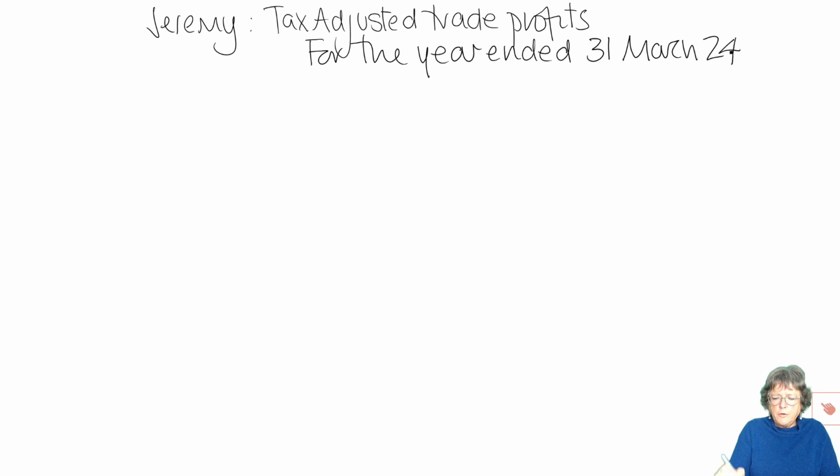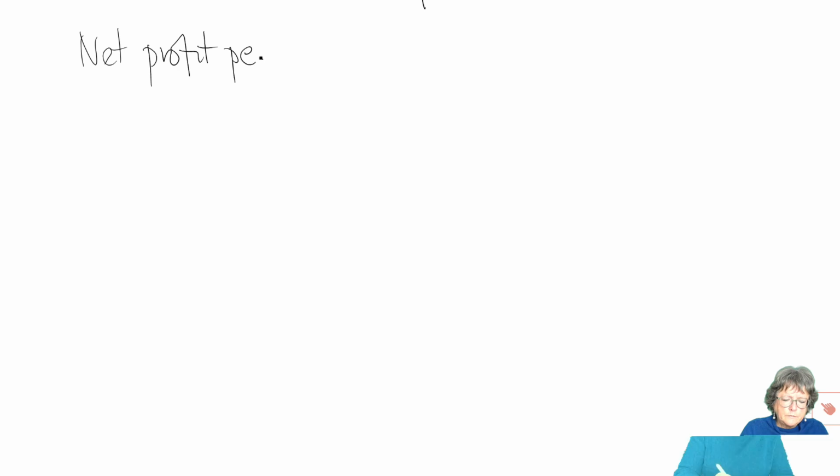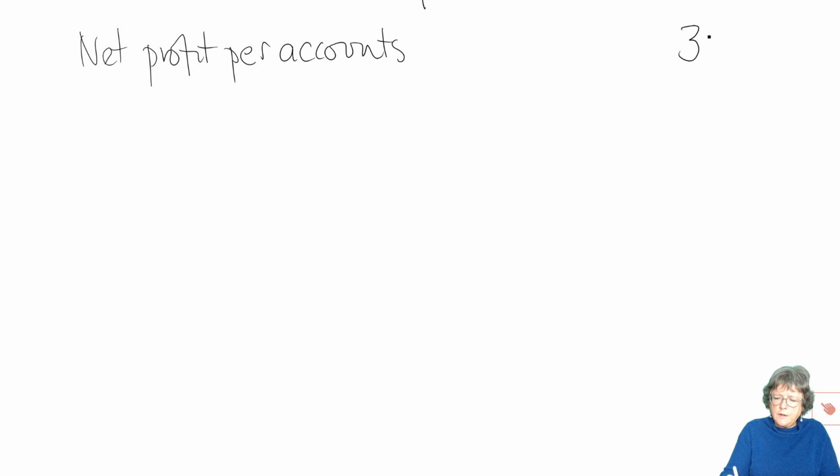And we're going to use the pro forma. So the pro forma is net profit per accounts, and the net profit per accounts was £30,200 per the question.